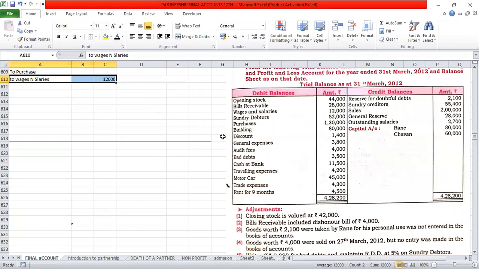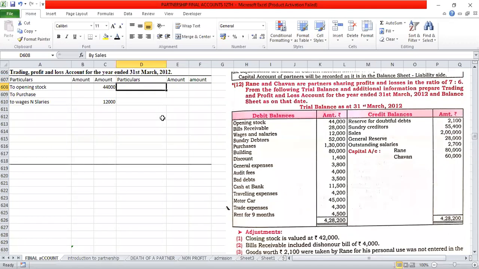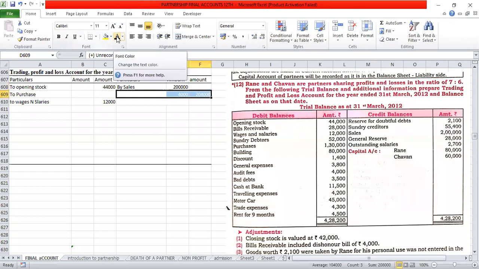Sundry debtors we have written, but there is one more adjustment. That is goods worth rupees 4,000 sold on 27th March, but no entry was made in the books of account. That is called unrecorded sales. Take the sales amount. What is the sales amount we have? So add unrecorded sales 4,000. And we have to see if there is any sales written on the debit side. There is no sales written.